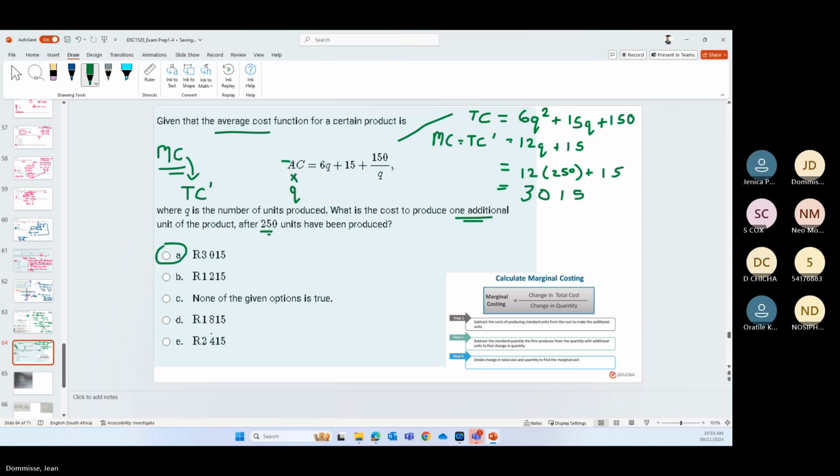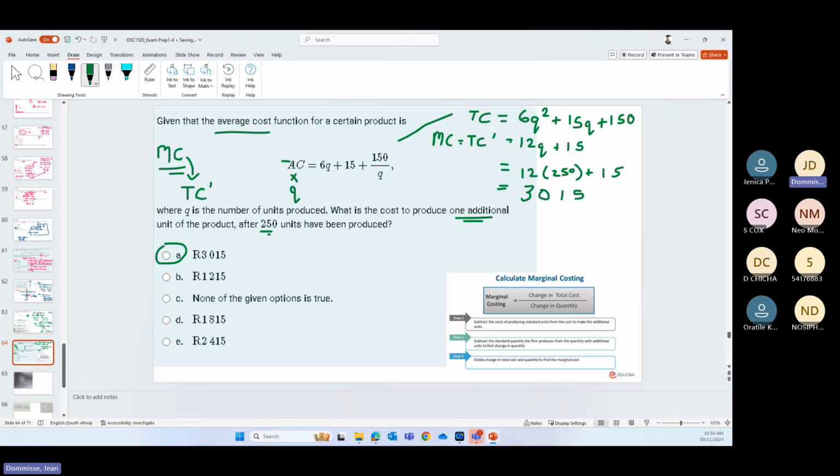Option 1. And this was from last year, I don't really like this. But now just be very, very careful. If you have put in 250 in this equation, there will be an answer for you as well, because you can see 6 times 250 plus 15.